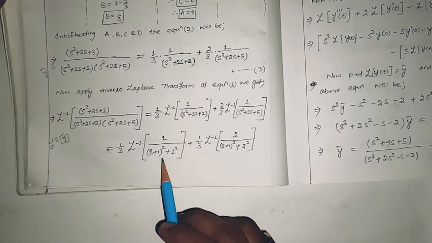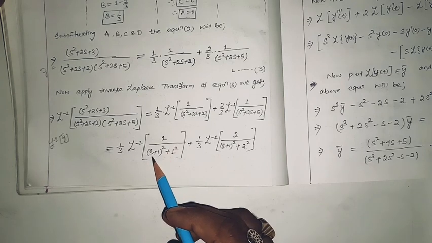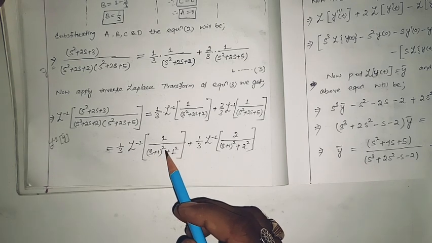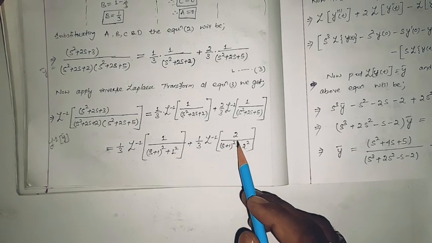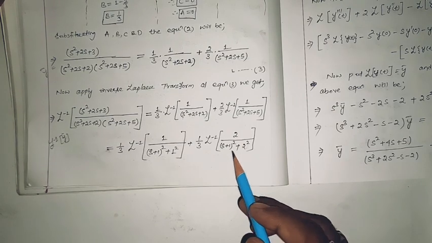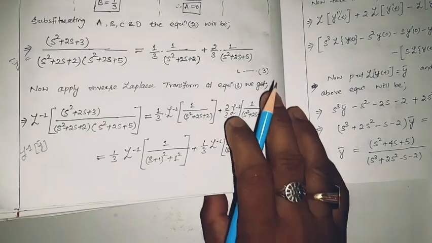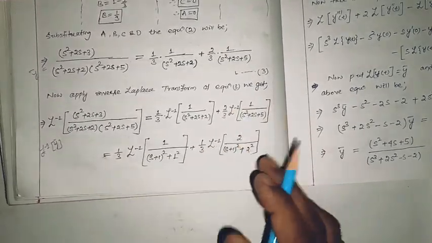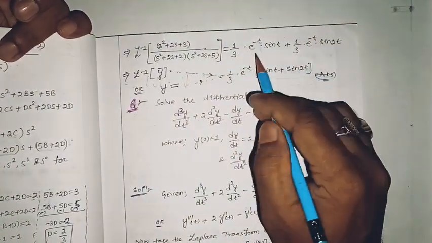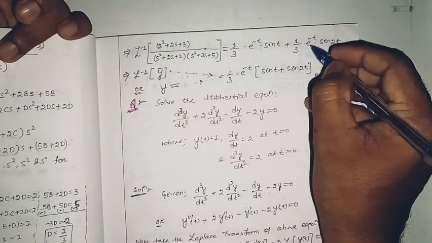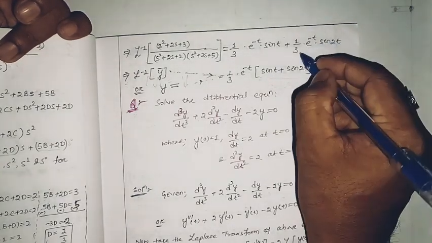Here you can see 1 by (s minus of minus 1) square plus 1 square, that means sine t into e to the minus t. Here 2 by 2 square means sine 2t into e to the minus t by first shifting theorem. So this is a straightforward answer. So it will be 1 by 3 into e to the minus t into sine t plus 1 by 3 e to the minus t into sine 2t by using first shifting theorem.